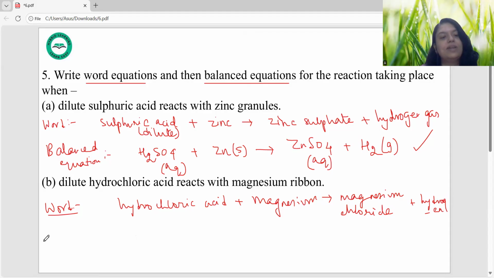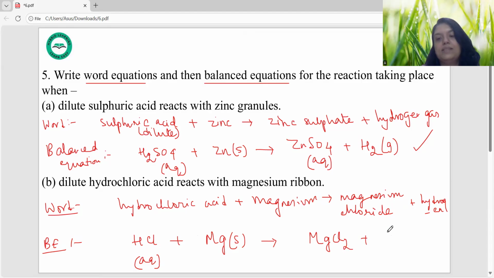Okay, now let's write the balanced chemical equation. So hydrochloric acid, HCl, that will be aqueous, plus magnesium, that is solid, gives magnesium chloride plus H2 gas.